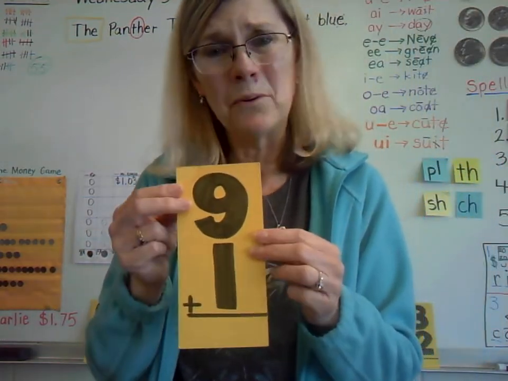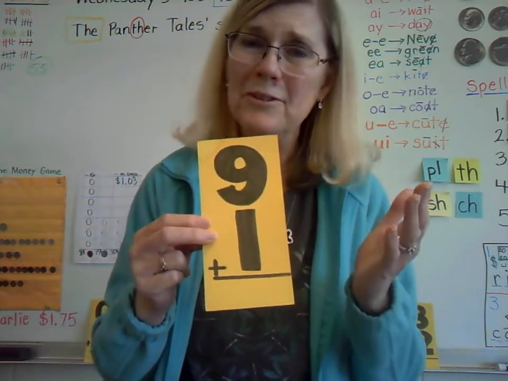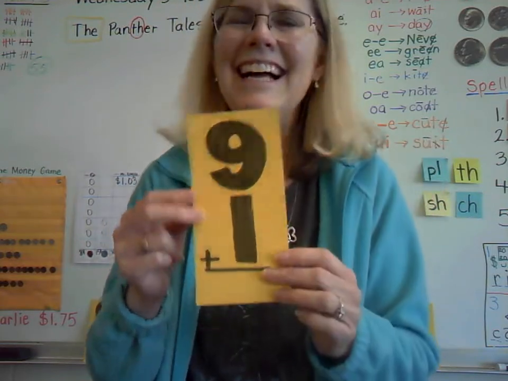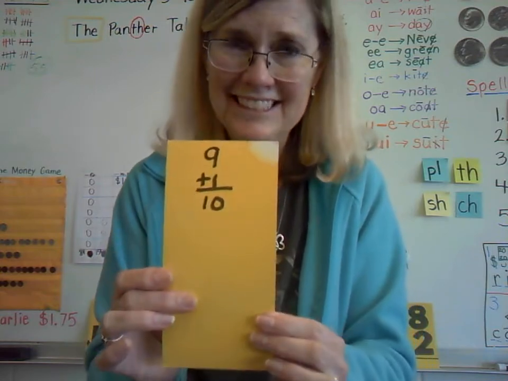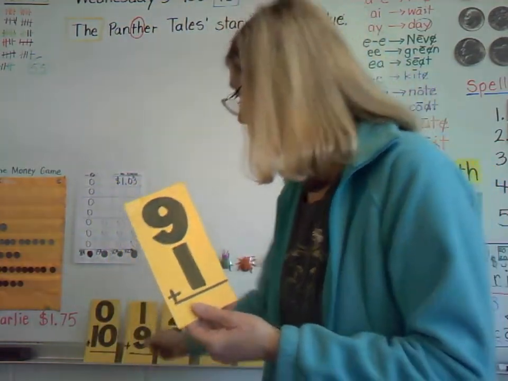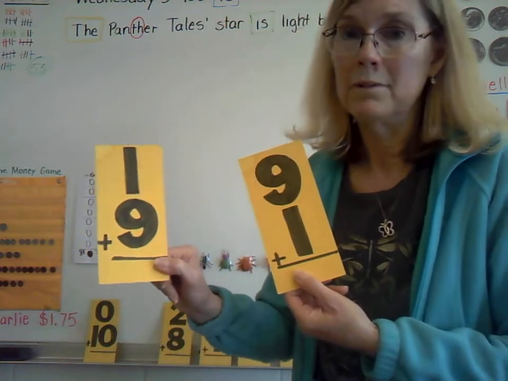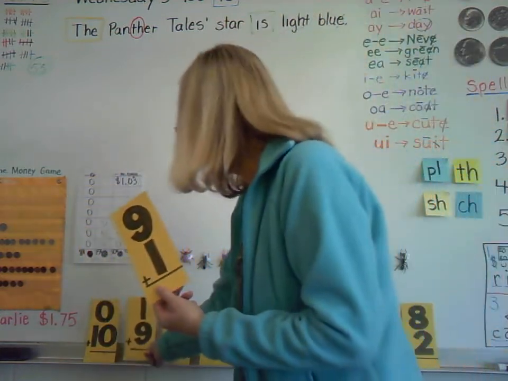When you had the 9 points, you got 1 more, and you knew you had 10. Yay! 9 plus 1 equals 10. And, of course, you know the twin. 1 plus 9 equals 10 is true as well.